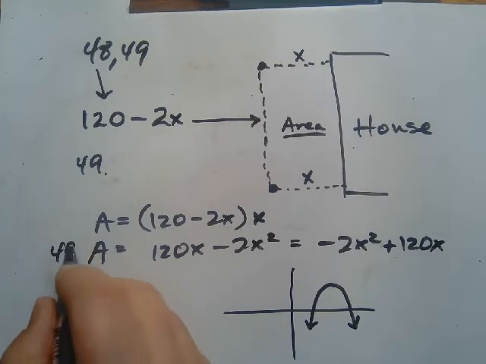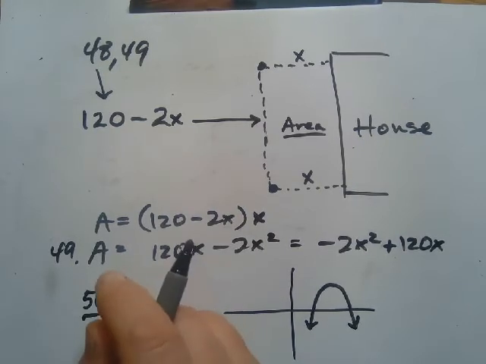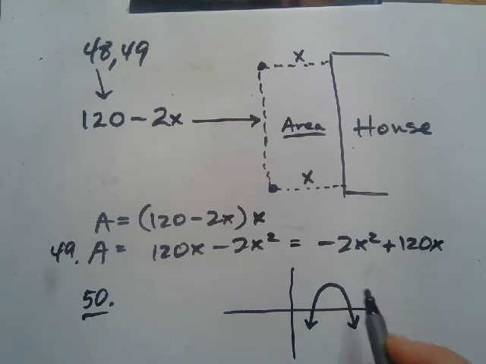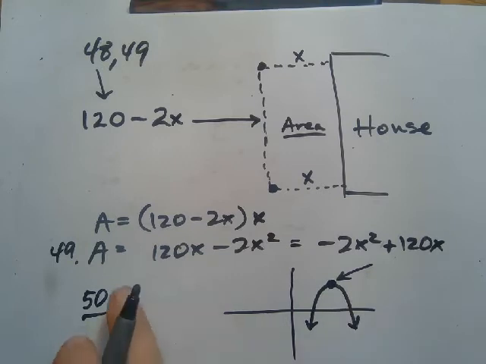This was 49. Okay, and so number 50 is asking for what are the dimensions, find the maximum area of the kennel. Well, where is a maximum found on a parabola? Well, it's found right here at the vertex, isn't it? So I need to know where that vertex is, and good news is I have a formula for it.